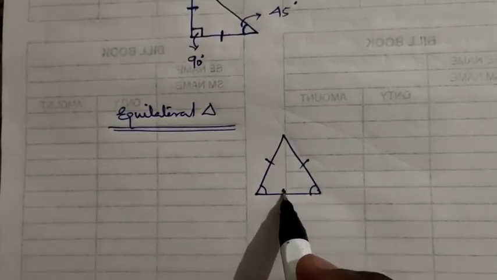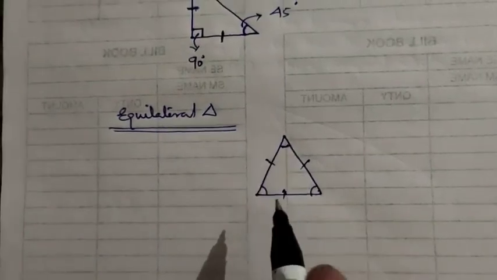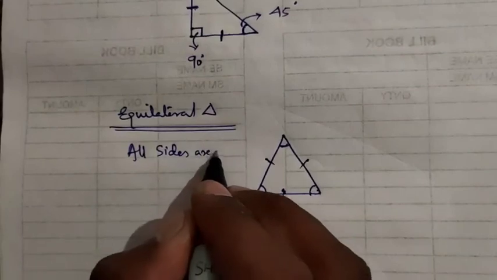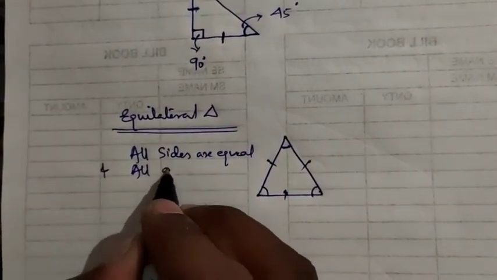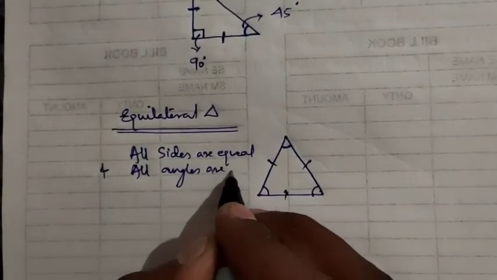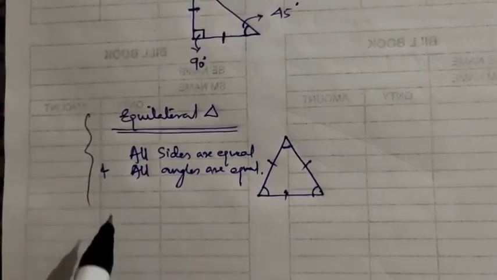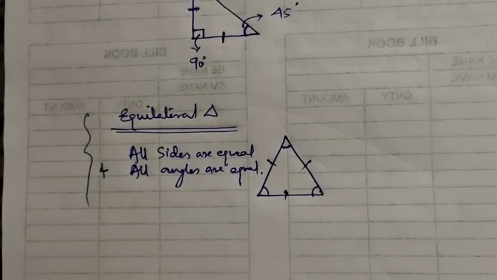It means that in an equilateral triangle all sides are equal and all angles are also equal. This is the main concept of equilateral triangle, and that was the main concept of isosceles triangle. Now, according to these three concepts, we are going to solve our next exercise, that is exercise 15b.